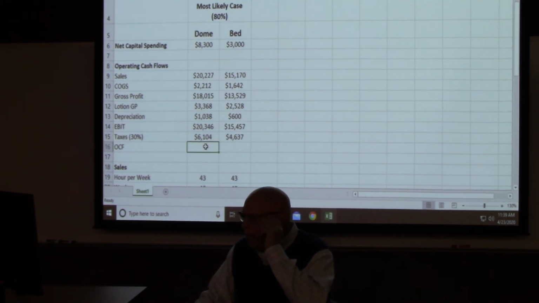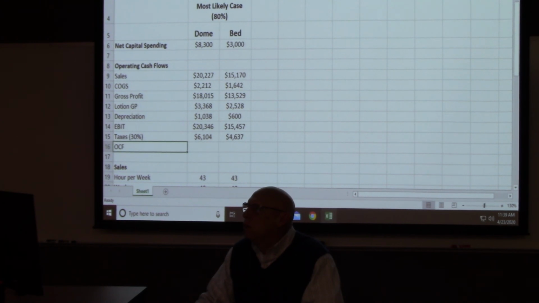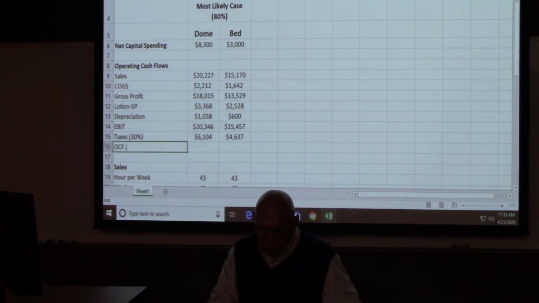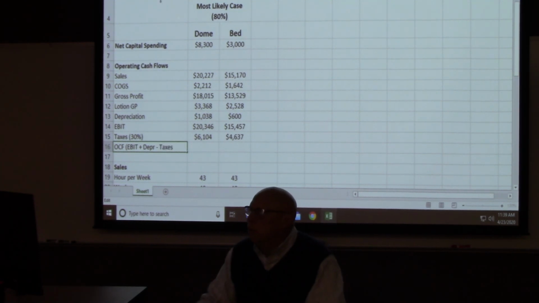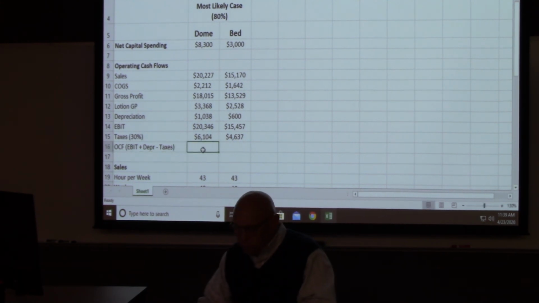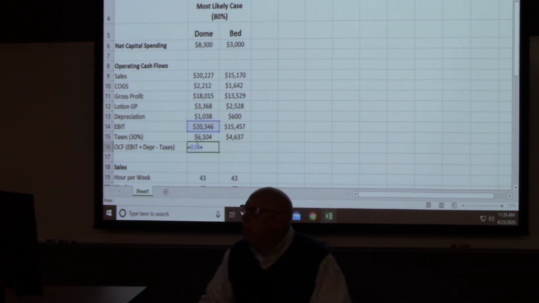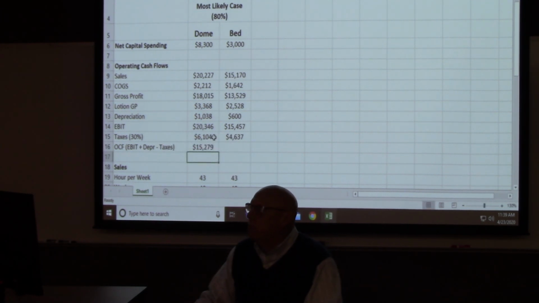Now our operating cash flow is our EBIT plus depreciation minus taxes. So, equals that plus that minus that. Boom.